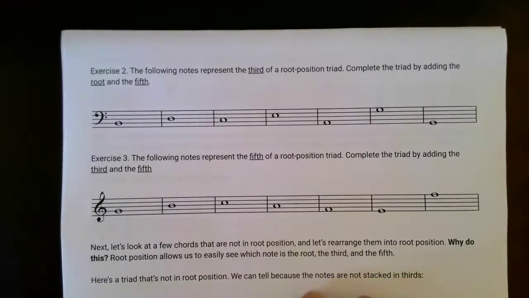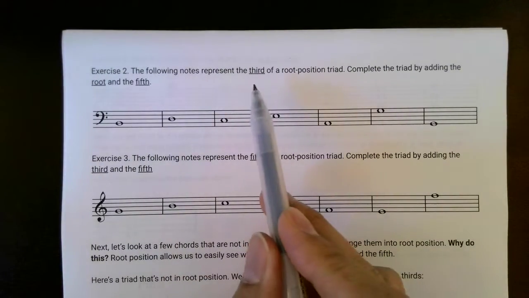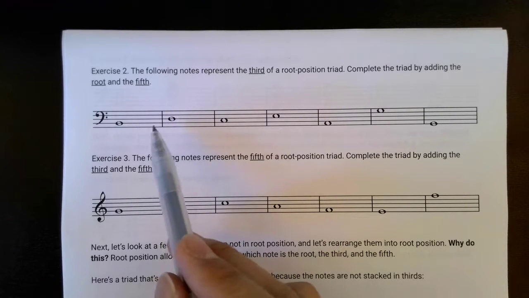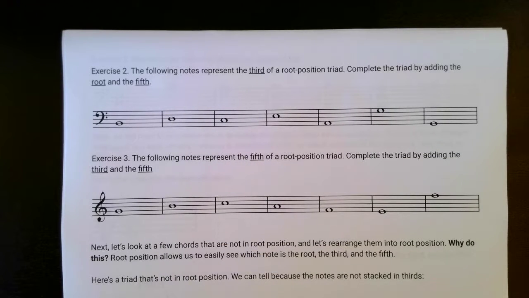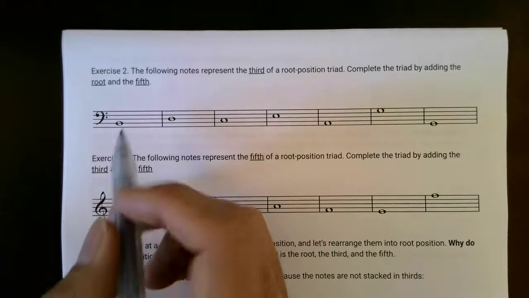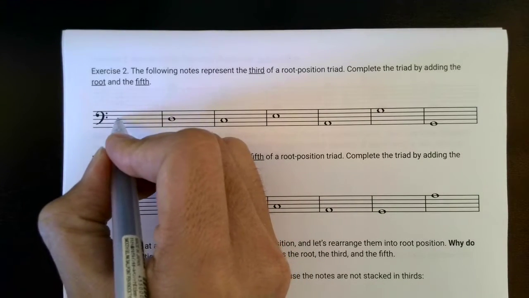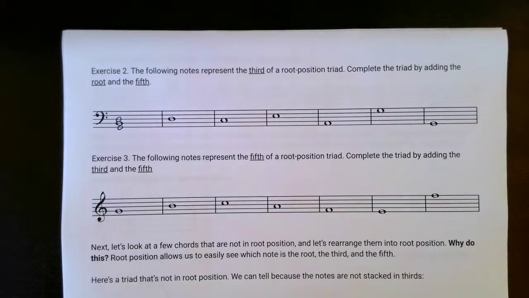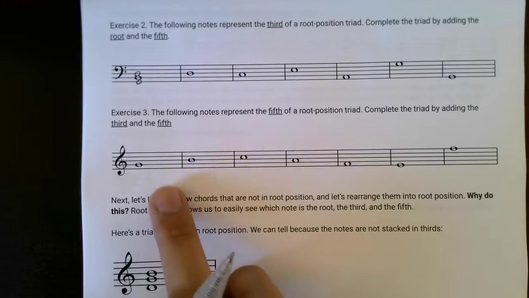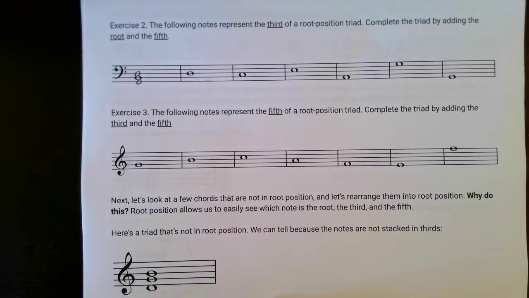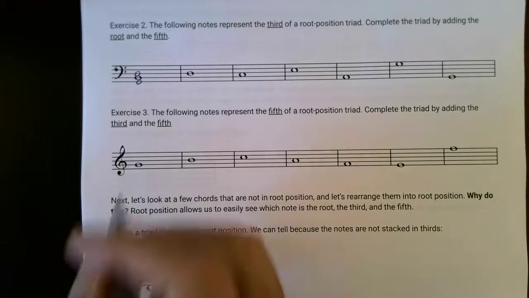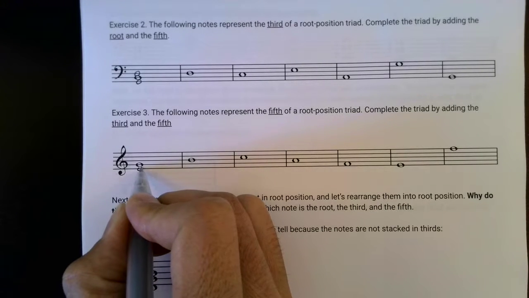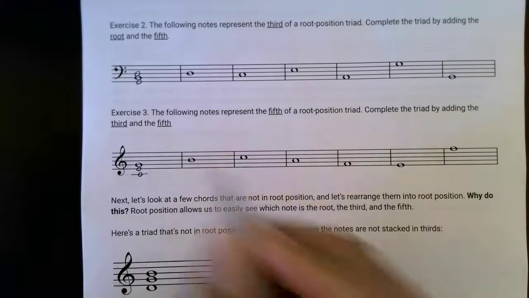The second part here, the given note represents the third of the triad. So if this is the third, then this is the fifth, and then this is the root, and that's how you complete that. Finally, these notes represent the fifth of each chord. So if this is the fifth, then you complete it by adding the third, and then also adding the root.